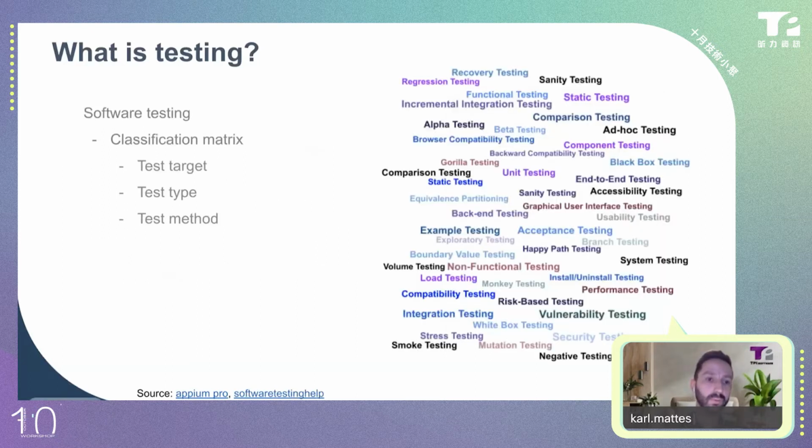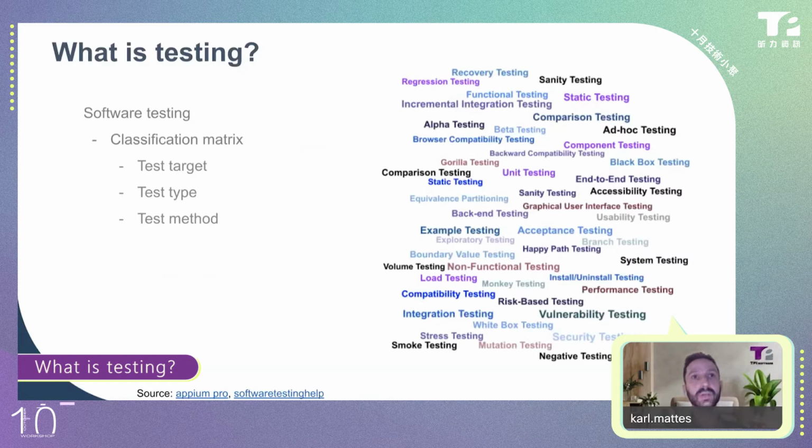Now, we are more interested in software testing, obviously. As a software tester, we need to get some kind of indication of the quality of the software that we're testing. And there's a huge number of methods and tools available that we can use for that. For example, if you look on the word cloud on the right, I collected all kinds of different testing methods for software that I could find online.